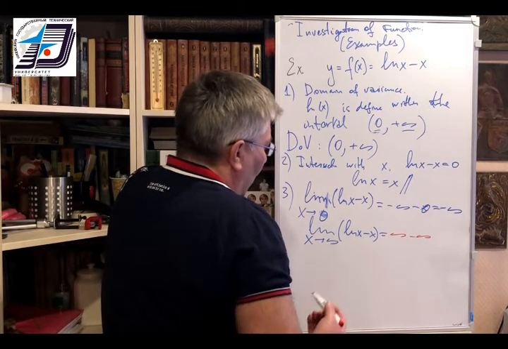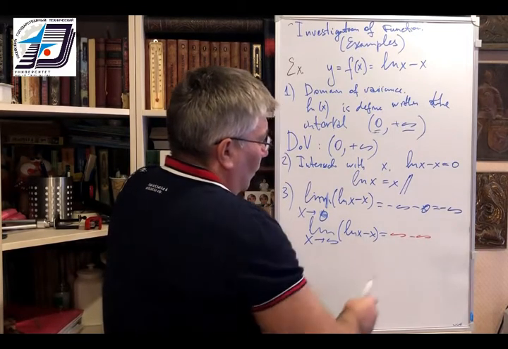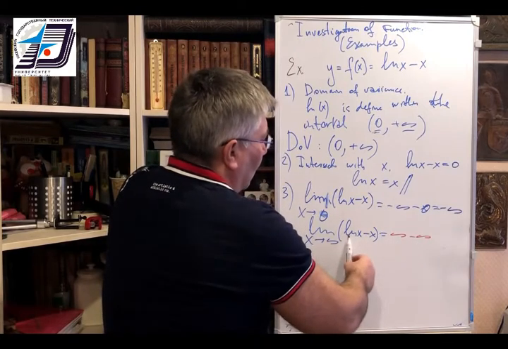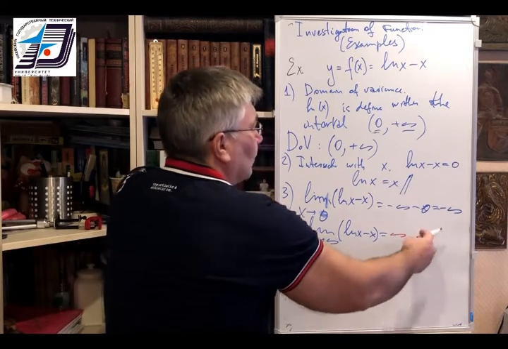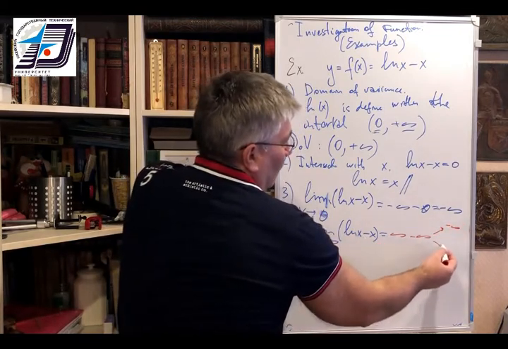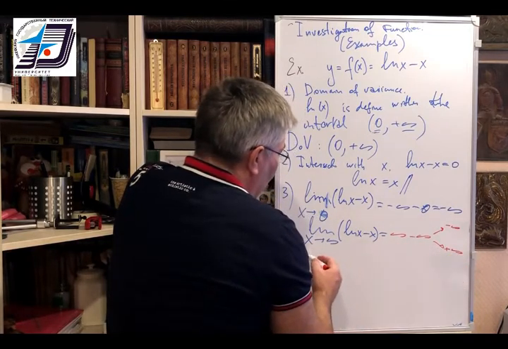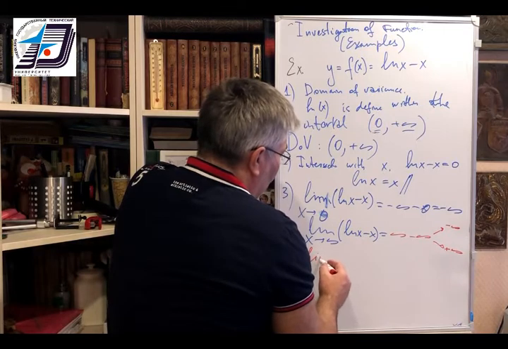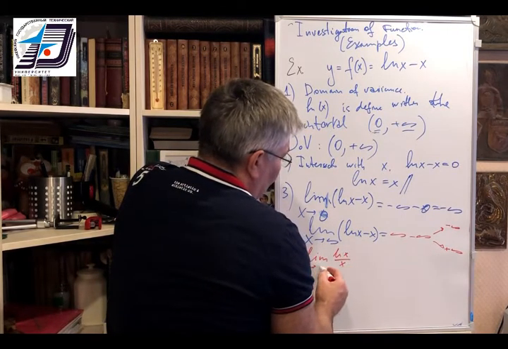Now we can check: does x tend to infinity faster than ln x or not? If x tends faster, it's infinity minus infinity. If ln x is faster than x, it is plus infinity. To check it, we can take the limit of the quotient ln x over x as x tends to infinity.